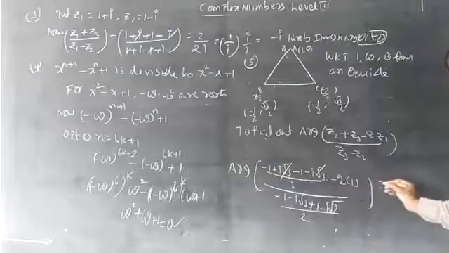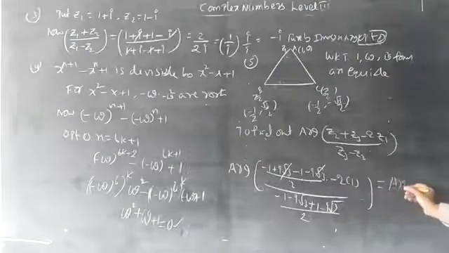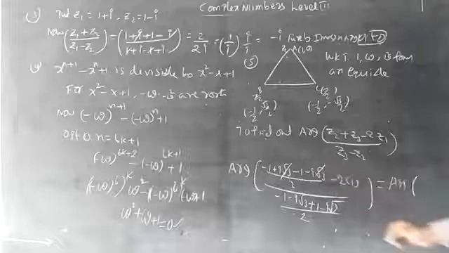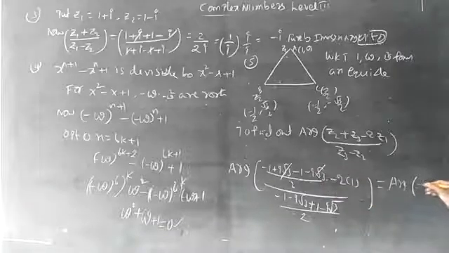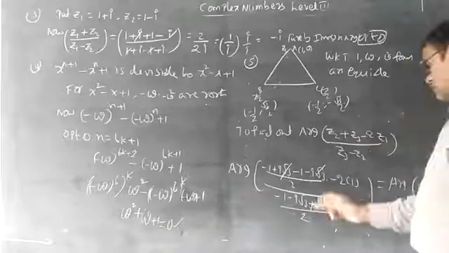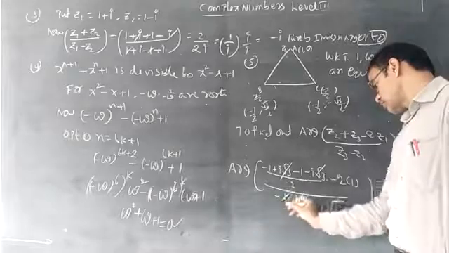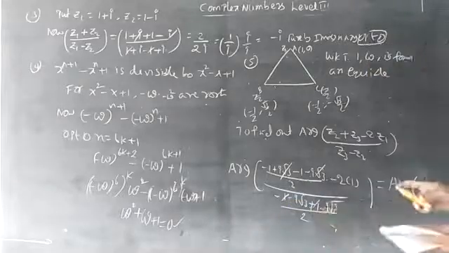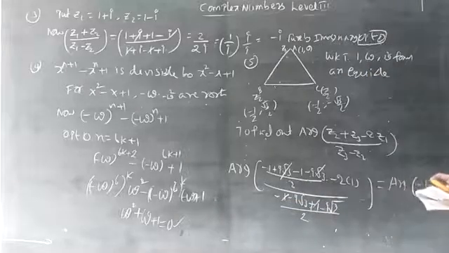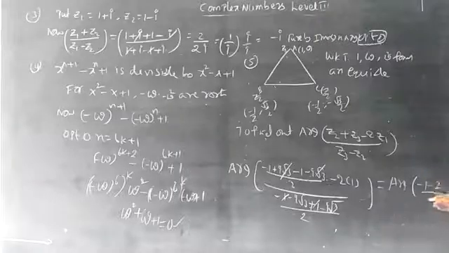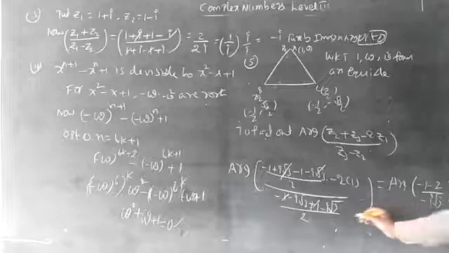It becomes argument of minus 2 by 2. Minus 1 minus 2 whole by, here minus 1 plus 1 get cancelled. Minus i root 3 minus i root 3 becomes minus 2 i root 3 by 2. This is minus i root 3.